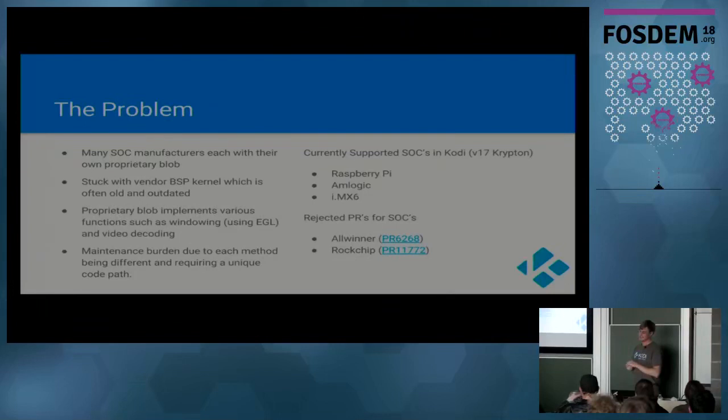Amlogic is, in my opinion, a bit of a hack, but we're working on it. And then IMX6 kind of just lost interest by people, and so as of now, IMX6 has actually been ripped out of Kodi, thanks to me.